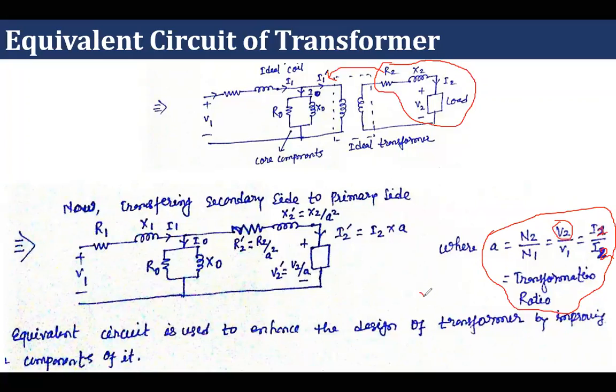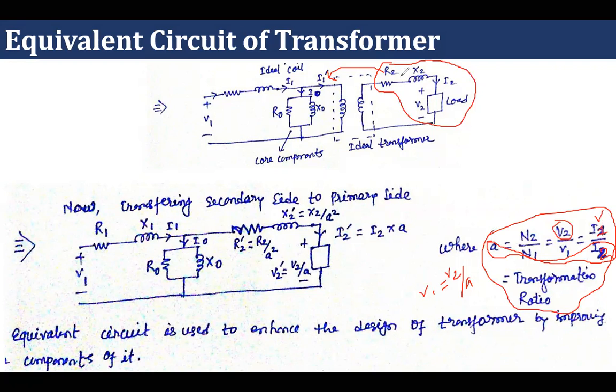V1 will be equal to V2 upon the transformation ratio. Similarly, if I know I2, I can find out I1, and I1 will be equal to I2 into A. So this A will be multiplied with I2 to get the value of I1.